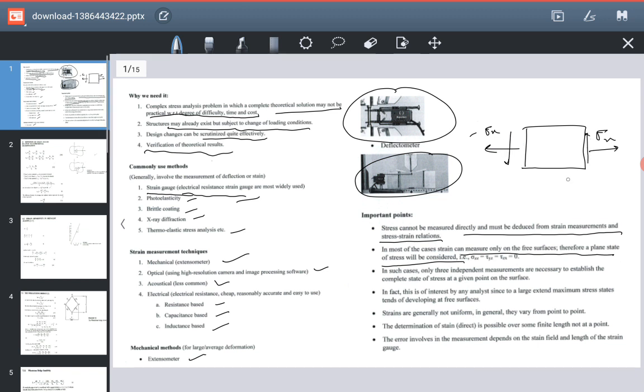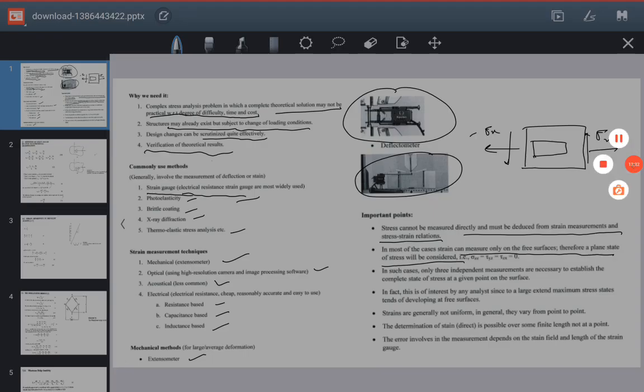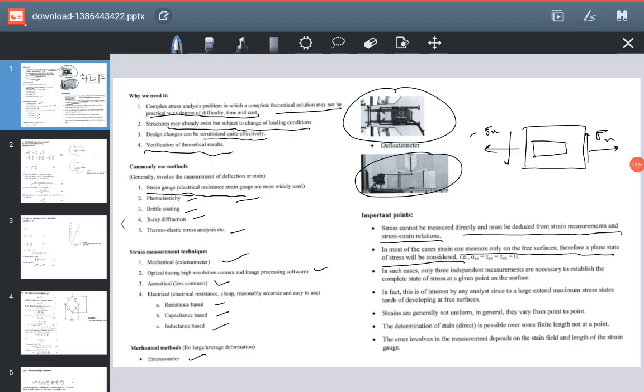Let us assume that if you have a strain gauge here for measuring strain, and if you have a certain shear stress, it may interfere in the strain, and the result may not be that accurate, which is why we tend to choose free surfaces that do not have any kind of shear strain. In such cases, only three independent measurements are necessary to establish the complete state of stress.